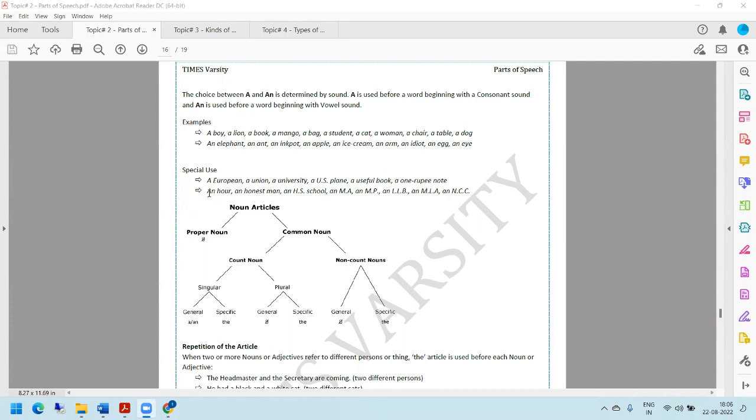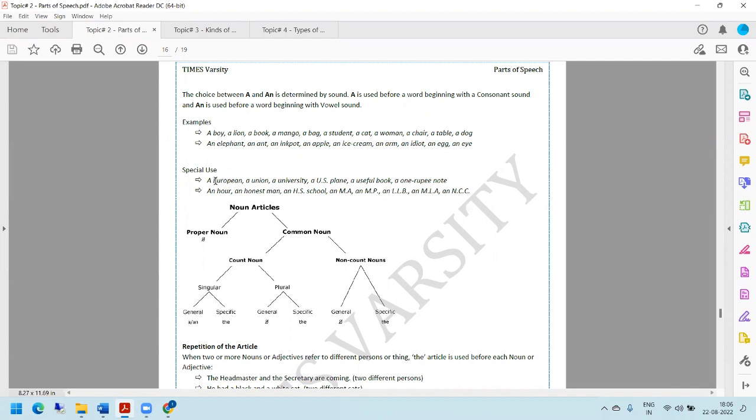But in case of H, though it is a consonant, we are still using an. So these are some special cases which we are now going to discuss. This is generally what we have discussed. Now in some special cases, like European, logically it should be like an European because it is starting with E, which is a vowel.